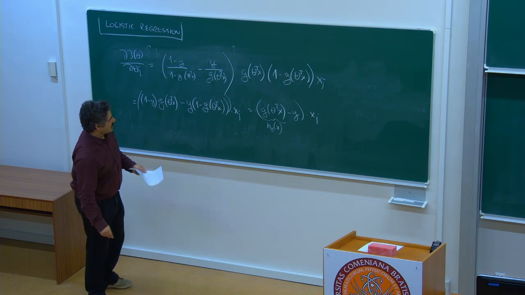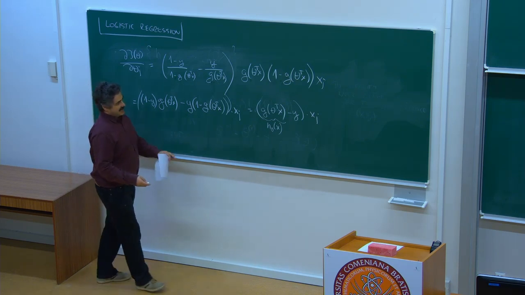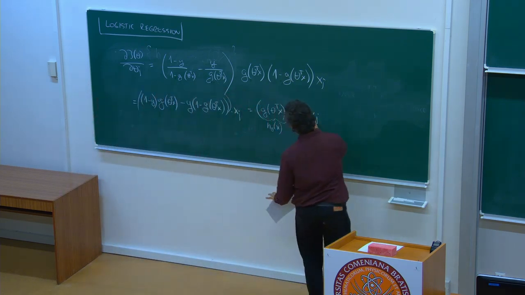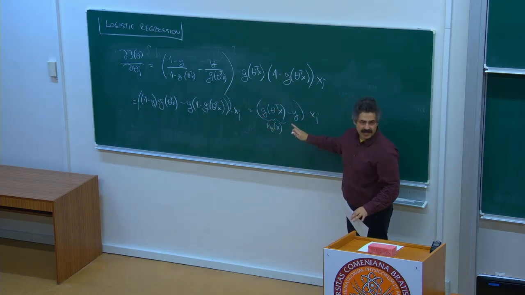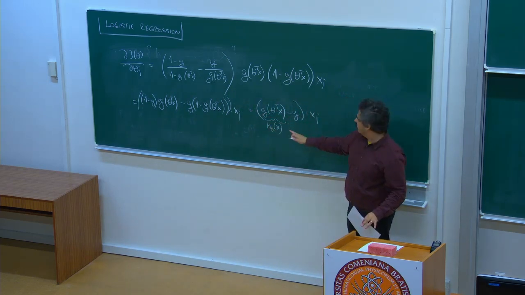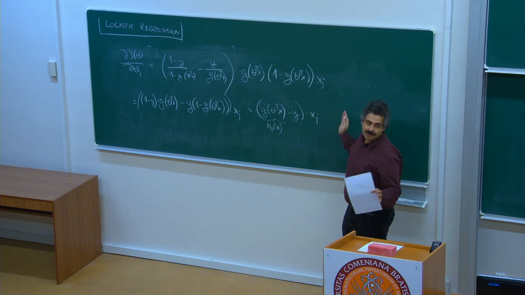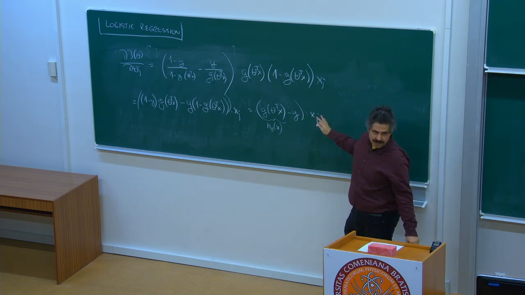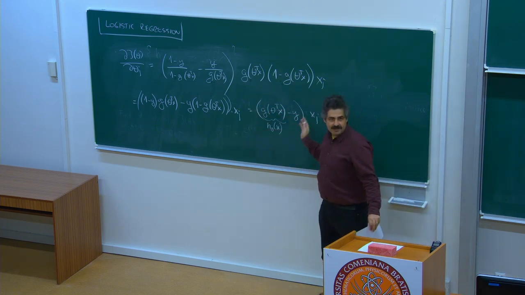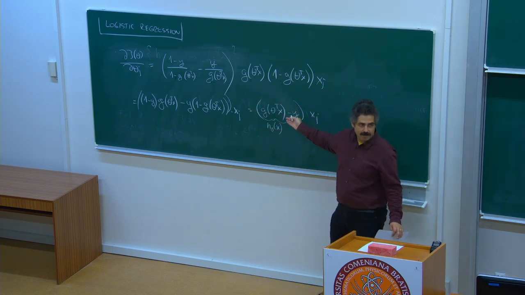So this is actually nice, because what we are saying is that this is some kind of expression of the error. What's the difference between y and the value of h theta x, and we just multiply it, for whatever reason, by xj. And that's it, right? This is our update.